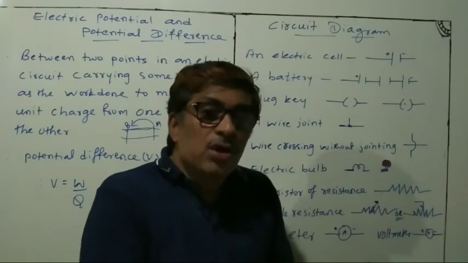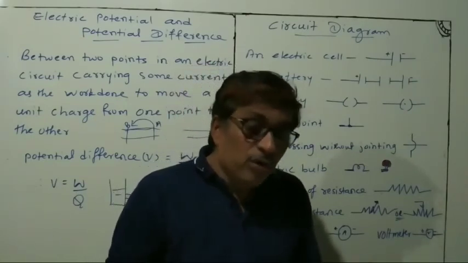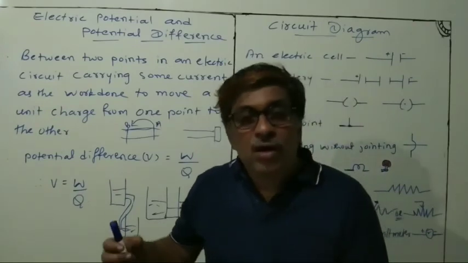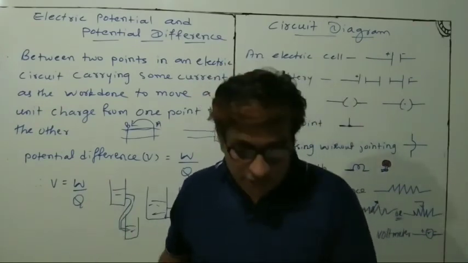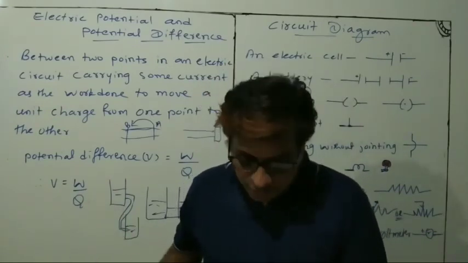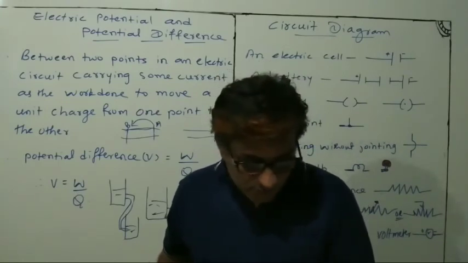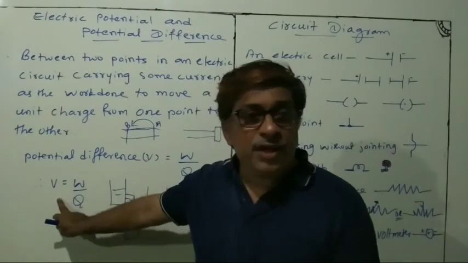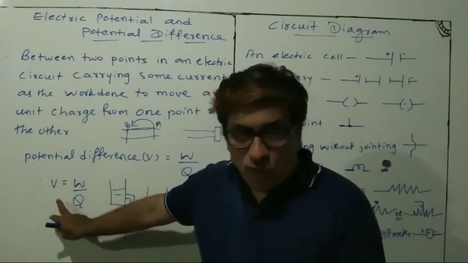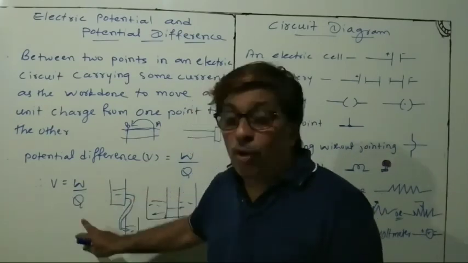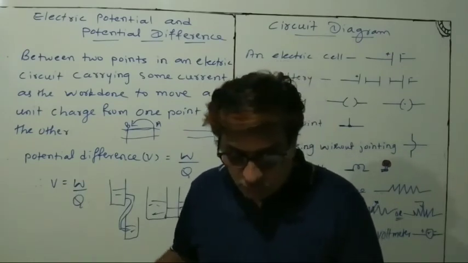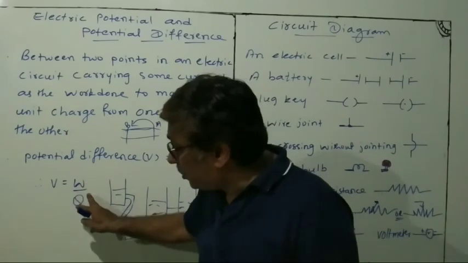Today you learned what electric potential and potential difference mean, and the definition of potential difference. You learned the formula V is equal to W upon Q: the potential difference between 2 points is equal to work done upon charge, where W denotes work done.